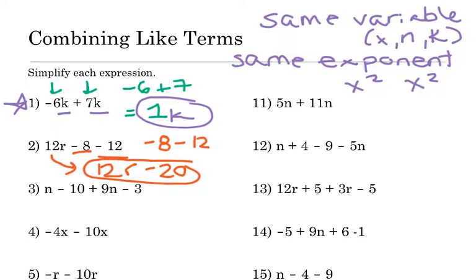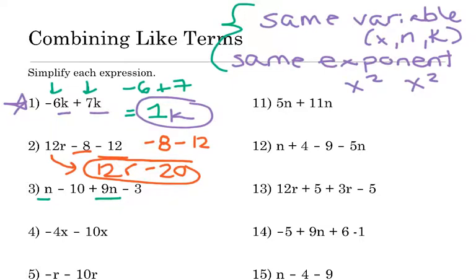Is it the negative 10, the 9n, or the negative 3? Well, remember, like terms again, same variable, same exponent on the variable. So n's variable is n, so we also need another n. So we're going to put together n and 9n.